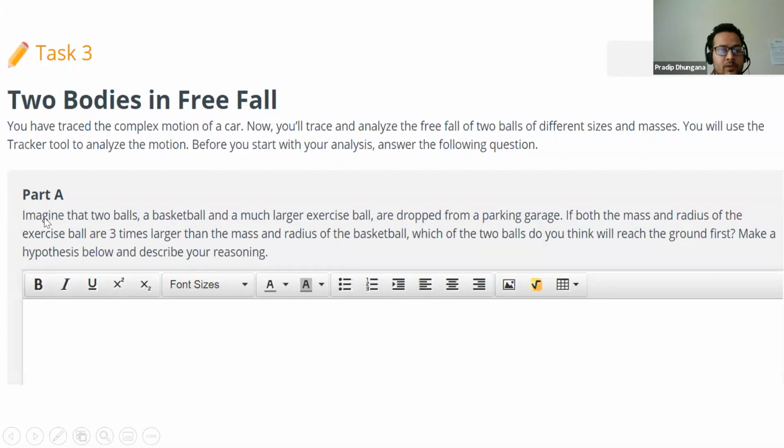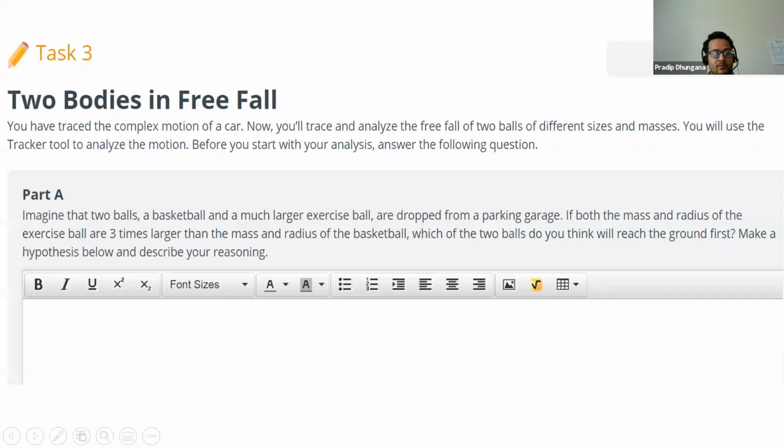So in part A, imagine that two balls, a basketball and a much larger exercise ball, are dropped from a parking garage. If both the mass and radius of the exercise ball are 3 times larger than the mass and radius of basketball, which of the two balls do you think will reach the ground first? Make a hypothesis below and describe your reasoning.